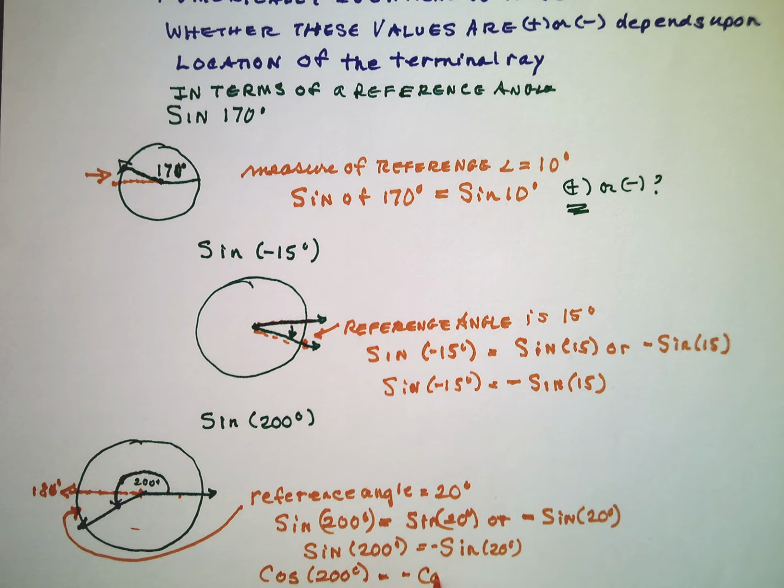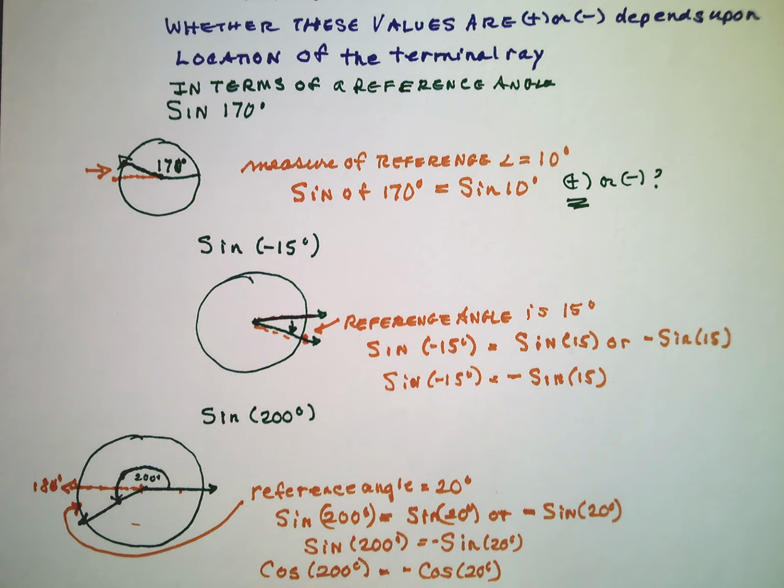It's going to be the opposite of the cosine of 20. But the tangent. Well, the tangent of 200 is going to be the same numerically as the tangent of 20.